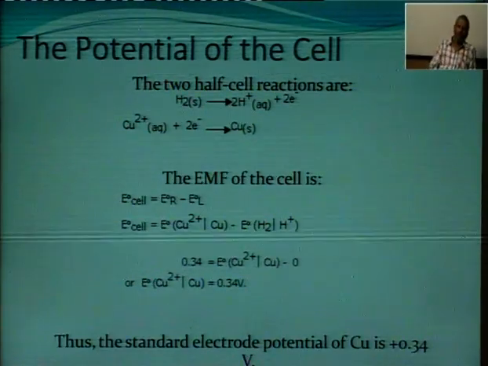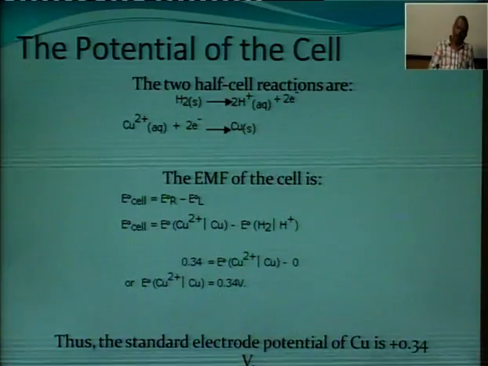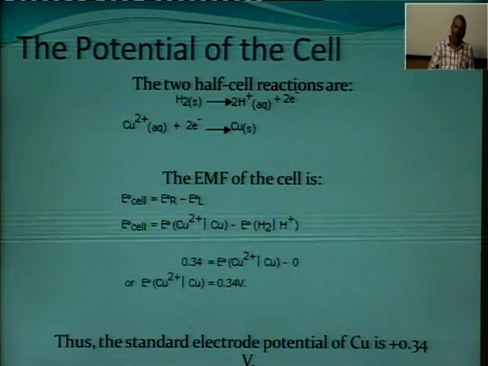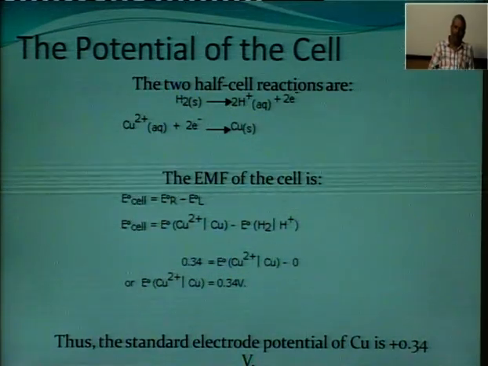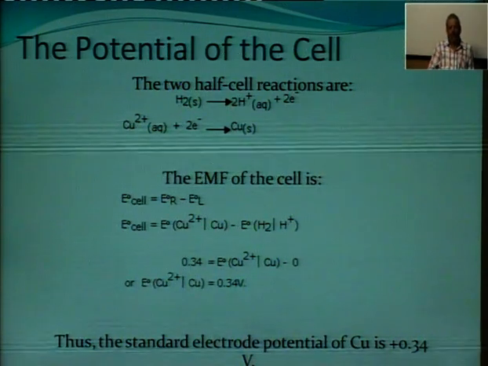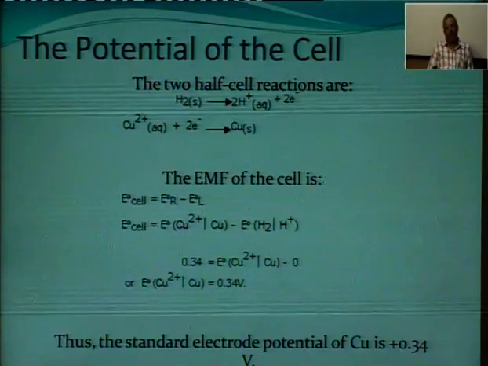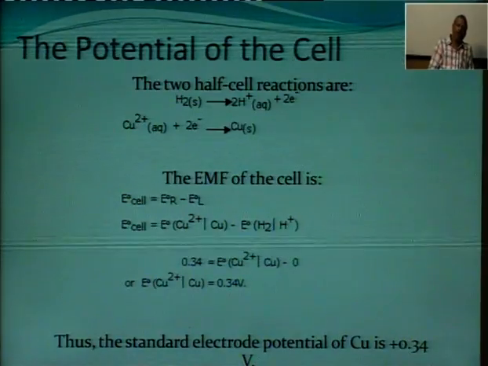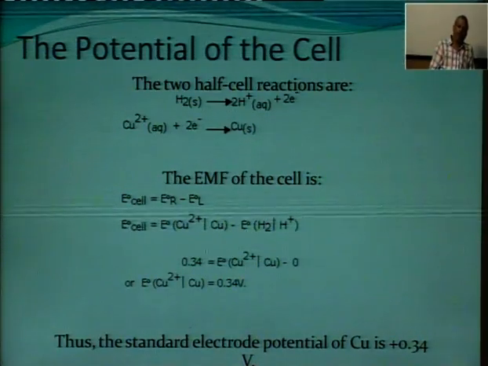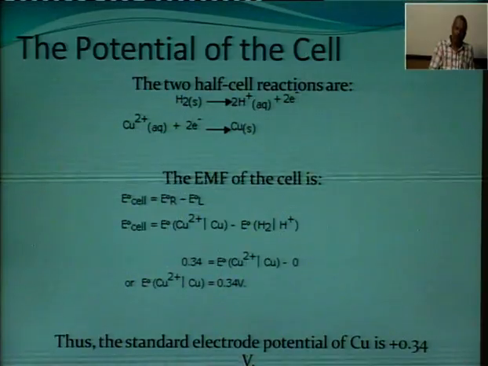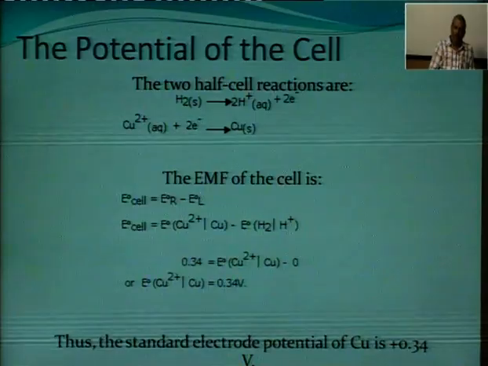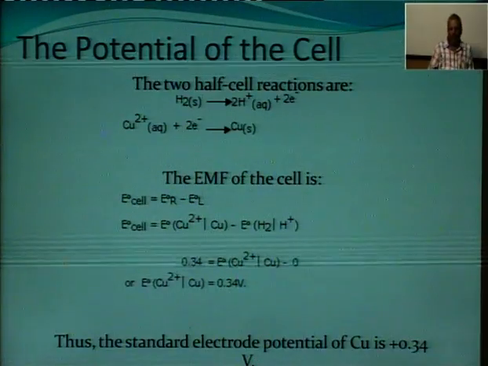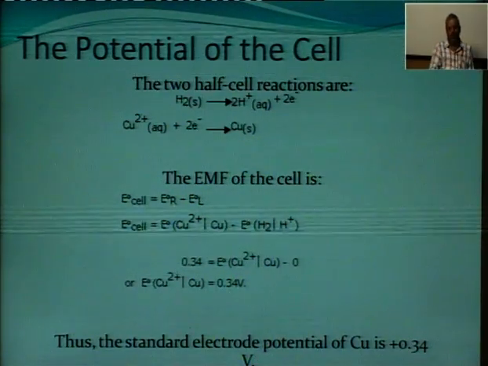So, the electromotive force of the half cell is 0 in the case of hydrogen, while 0.34 is the reading observed in the voltmeter. So, the electromotive force of the copper solution is 0.34. The standard electrode potential of the copper is 0.34 volt.